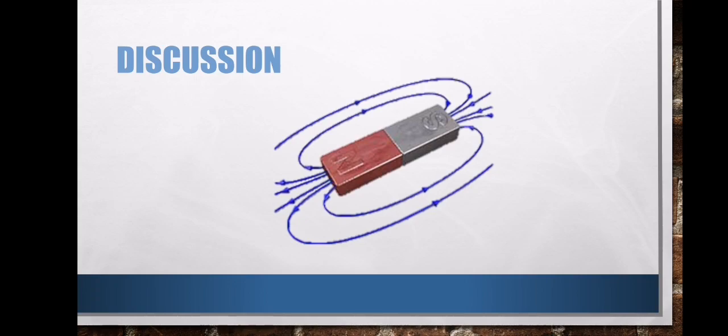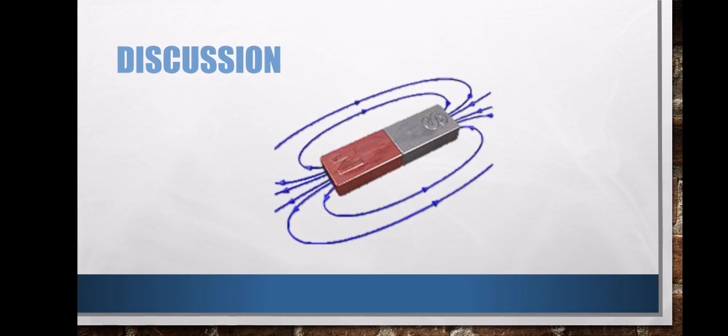In addition, the number of lines that pass through a surface or plane is what we call magnetic flux. For example, we're going to place a plane or a surface near the magnet. This magnetic field or lines of magnetic field will pass through those planes or surfaces.